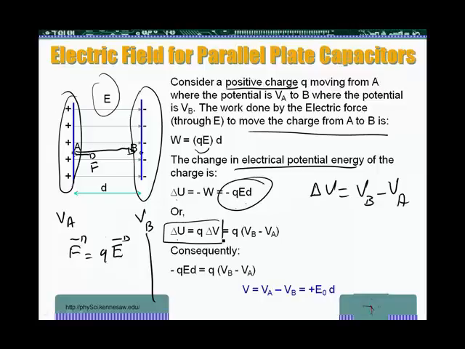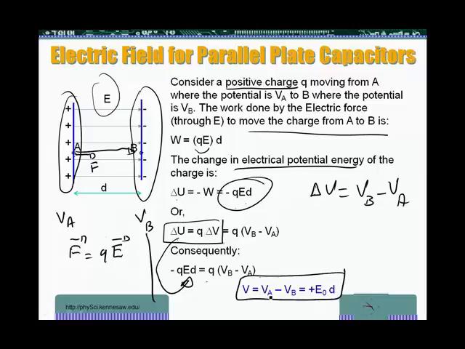So consequently, we can write delta U is Q times delta V. So solving for E, actually I'm solving here for the voltage difference.